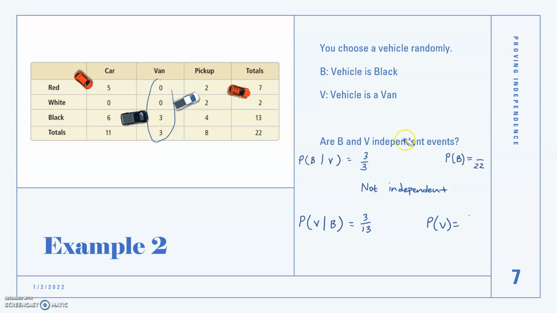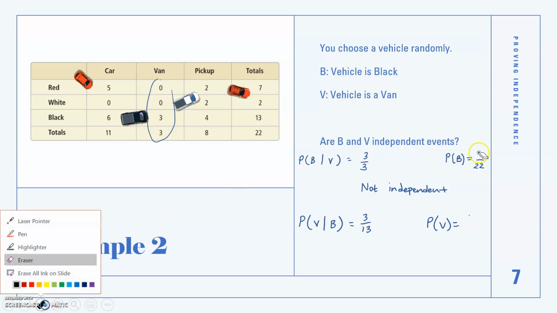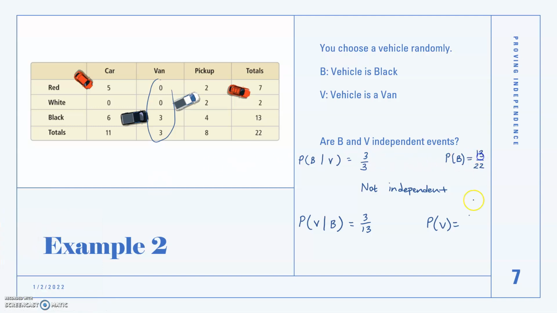The probability of black would be 13 out of 22. The probability of just van would be 3 out of 22. Either way, these two fractions are not equal. So since they're not equal, we know that those are not independent events.